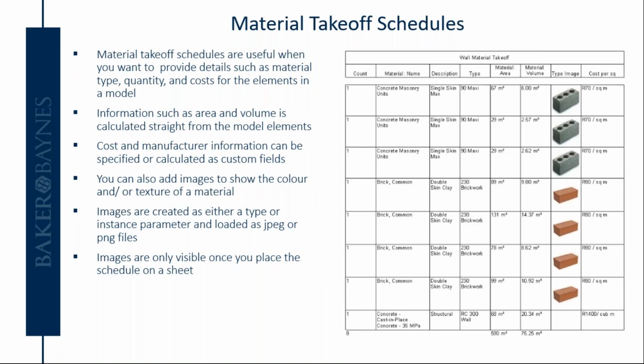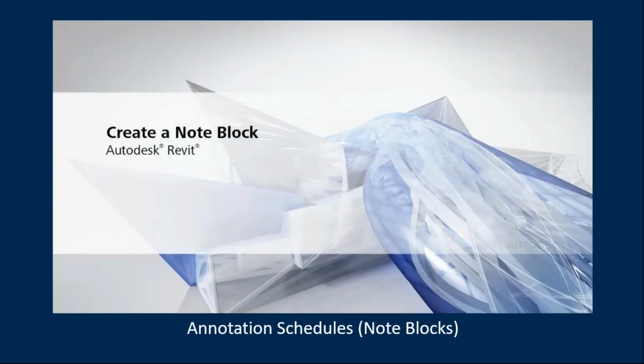This can be used for anything, even for rendering images, or maybe even your door schedules, rebar shapes, whatever you really need to show an image of. Something else that is quite useful is the annotation schedules that are used to create note blocks.